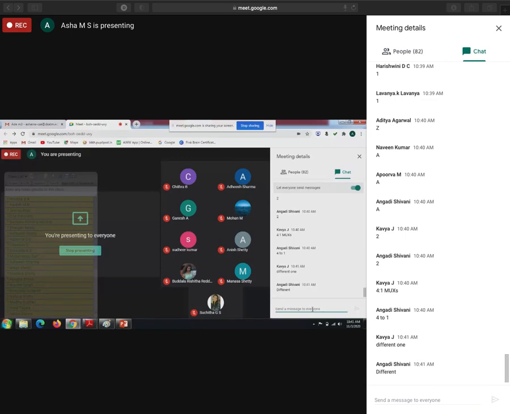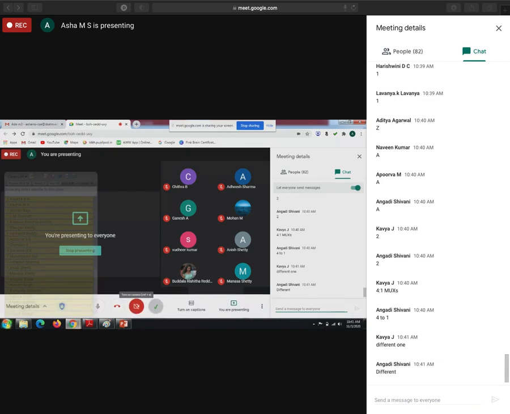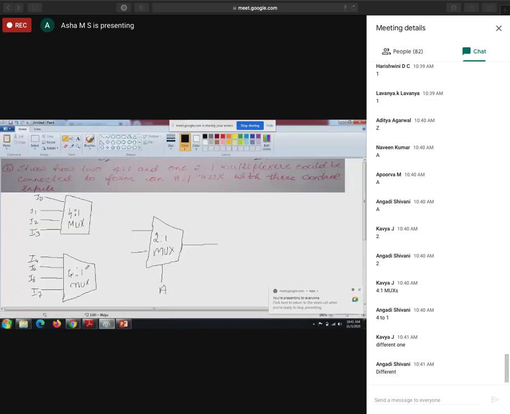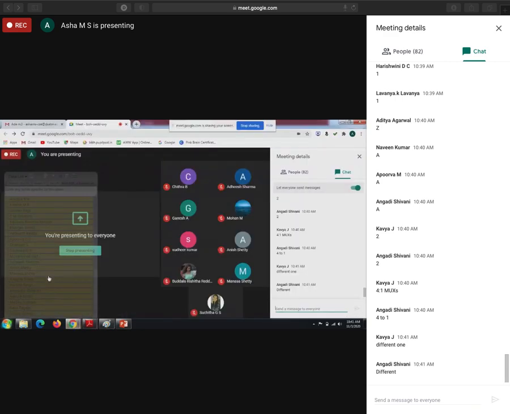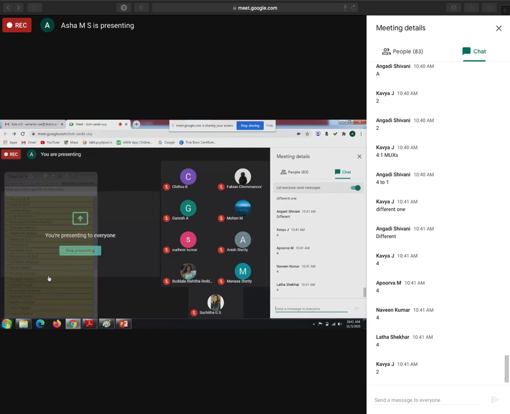Different ones? So totally how many do you want if you use different ones? If you use different control lines, totally how many control lines are required for both 4 to 1 mux? 4. But how many do we have? 2.